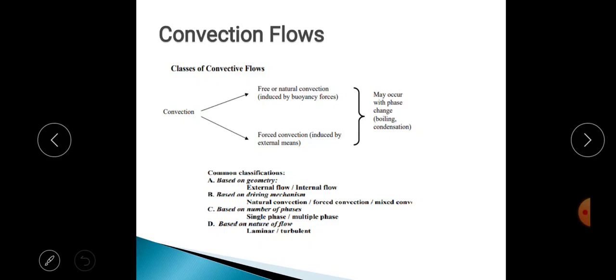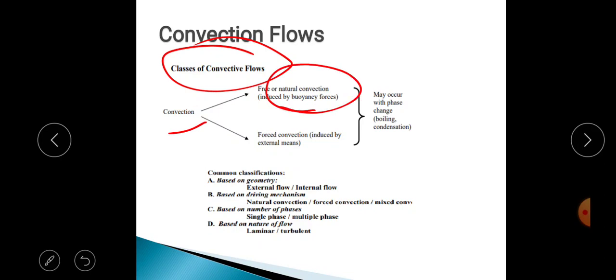So, classes of convective flows. Convection can be classified into two types: free or natural convection induced by buoyancy forces, and forced convection induced by external means. It may occur with phase change like boiling and condensation also. Common classifications: based on geometry we have external and internal flow.